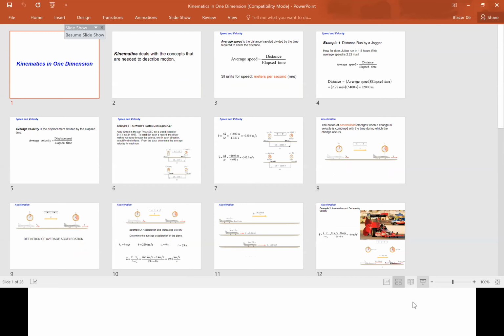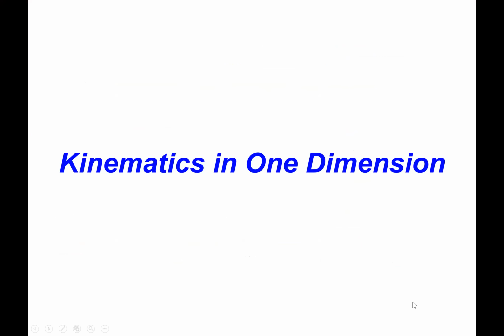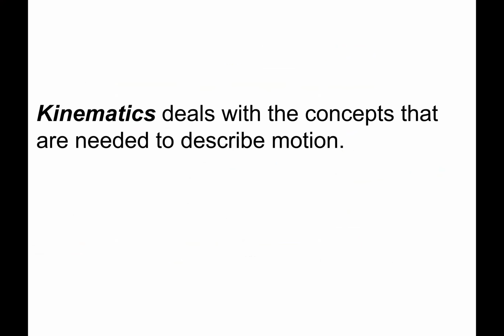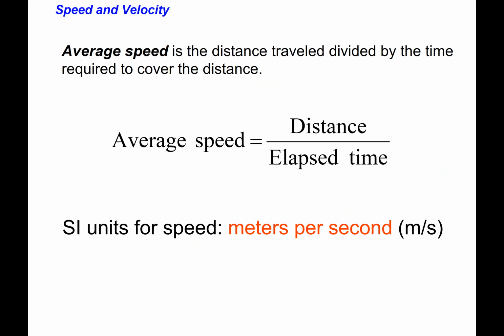Kinematic equations in one dimension. Kinematics deals with the concepts that are needed to describe motion. The first concept is the definition of average speed, which is the distance traveled divided by the time required to cover the distance.